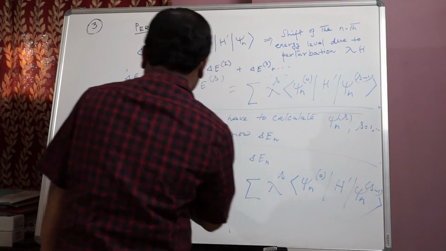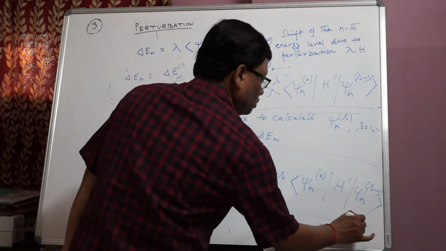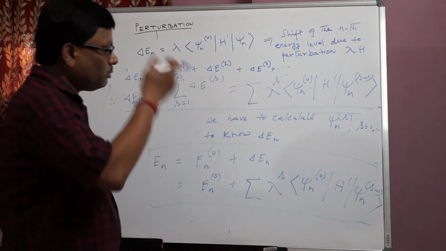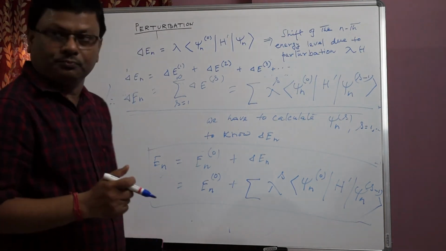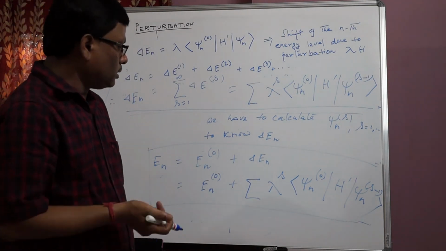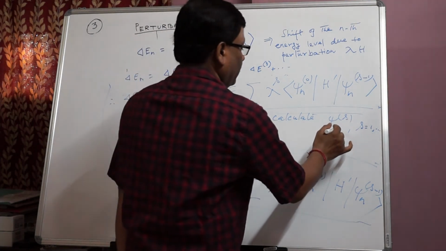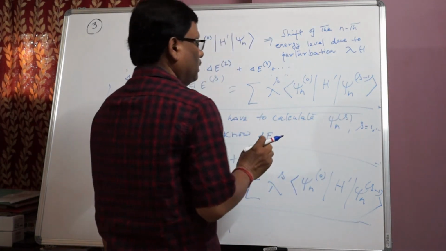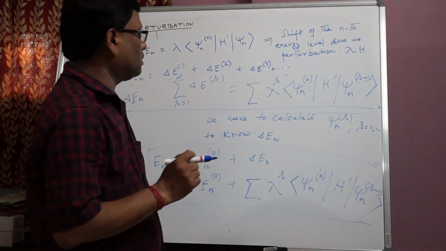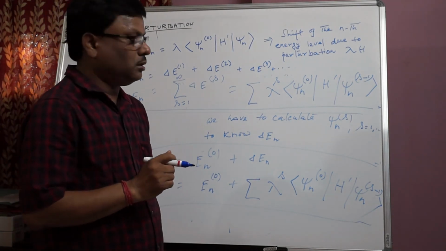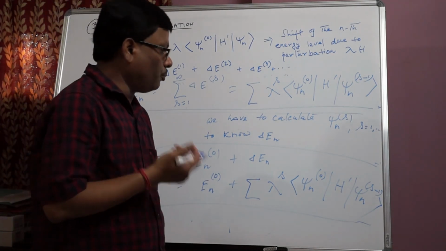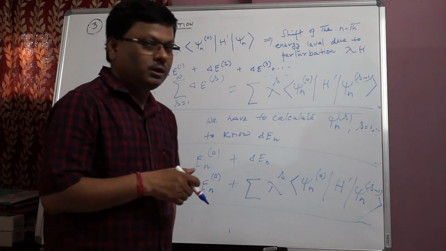So this is the sth order correction. So okay, in my next class I calculate psi n s, that is the sth order corrections to the nth wave function. Okay, thank you.